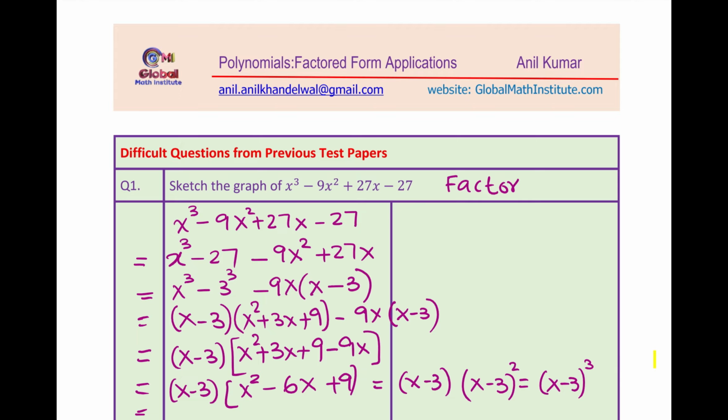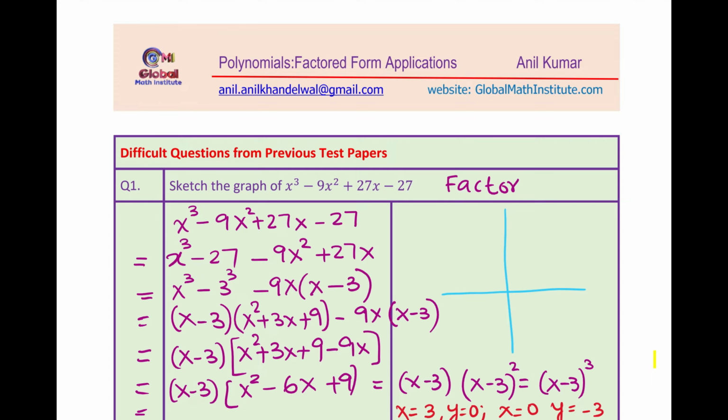Now that is easy to sketch. It's a cubic function which is translated 3 units to the right. If I put x as 0, we have y equal to minus 3 cubed, which is minus 27, and at x equals 3, we have y equals 0.